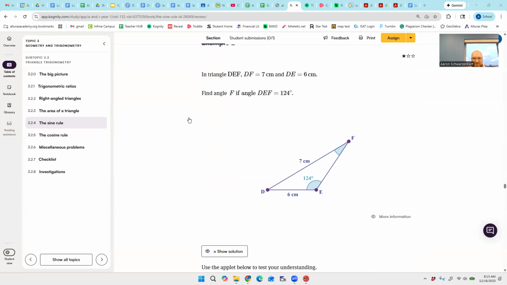Next one wants F. Over 7 equals sine F over 6. I don't believe in fully cross multiplying here. I only do half. And to get F, I will do an inverse sine.